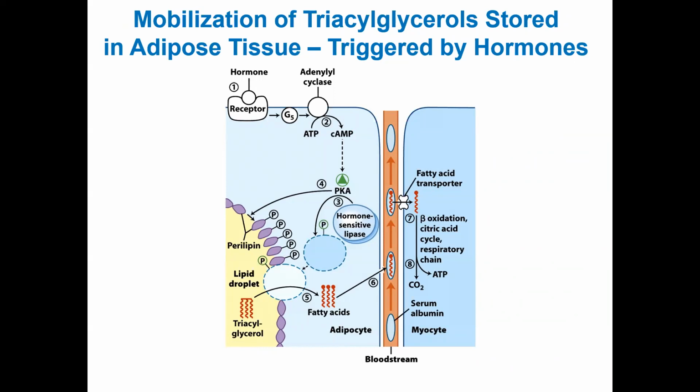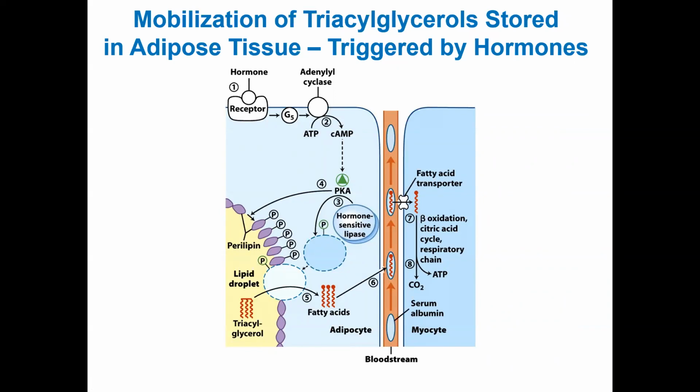Stored fat can be mobilized to generate energy for tissues that actually need energy, for example, muscle cells. If you look at this figure, on the left hand side is an adipocyte and on the right hand side is a myocyte, muscle cells. That's where the fatty acid has to go and do beta oxidation, the citric acid cycle to make ATP, etc.